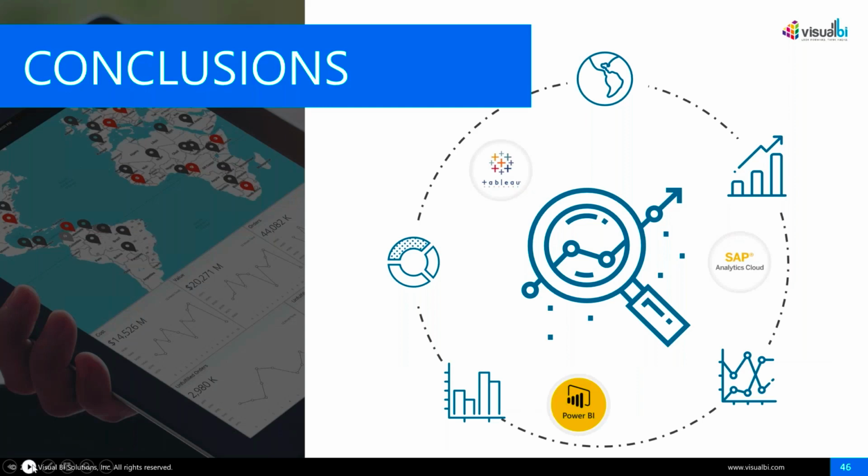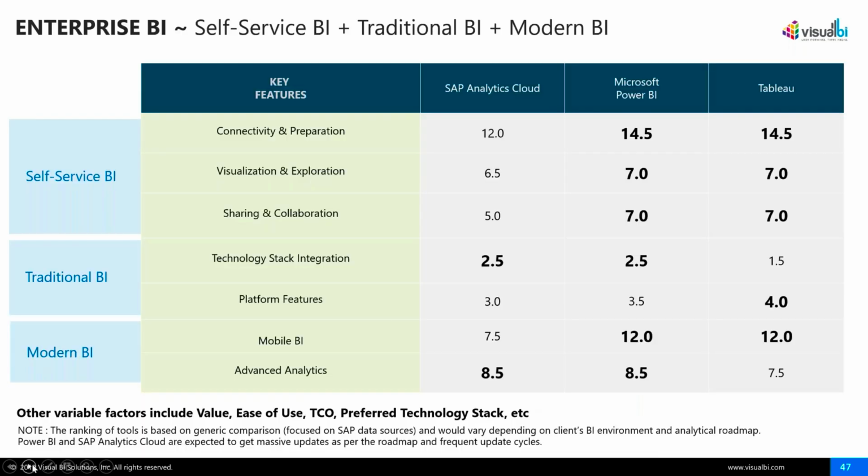So coming down to the conclusions, I want you to keep in mind that your situation will change the rankings slightly, up or down, depending on what kind of data sources you have, what kind of content you are looking for, and what kind of user types you have. All of that will play a role. From a generic case, you can clearly see Microsoft Power BI is ahead in most of the categories, Tableau comes right next, and Analytics Cloud is evolving.